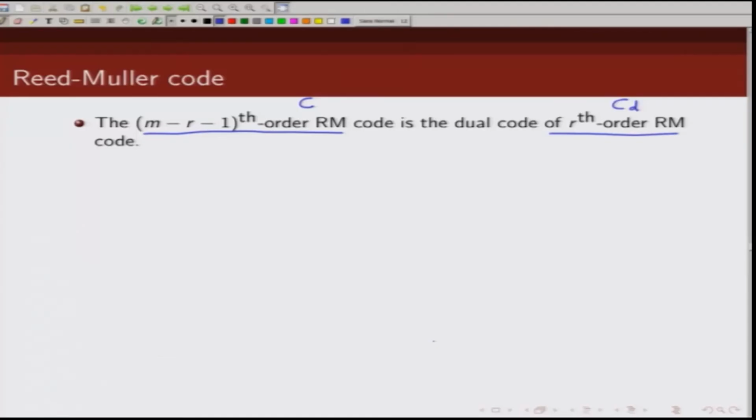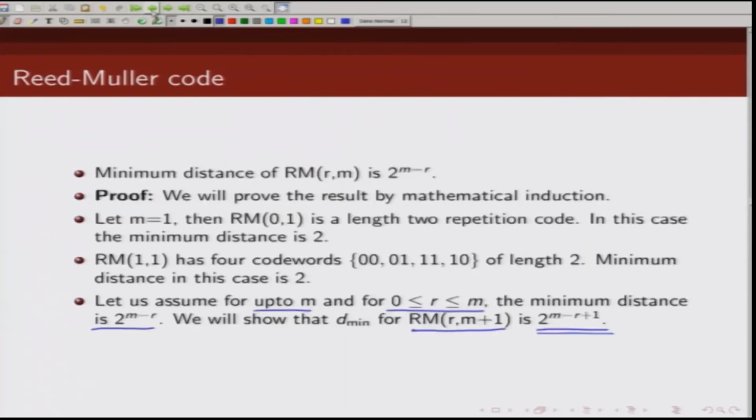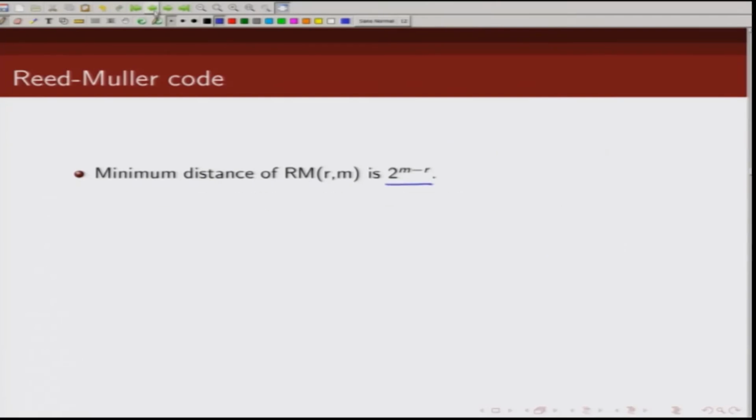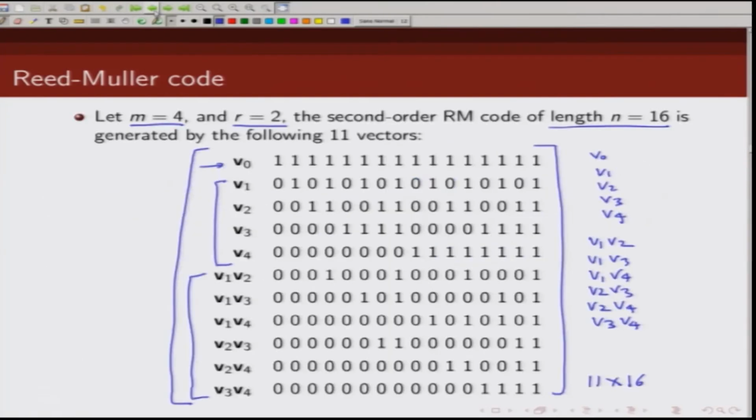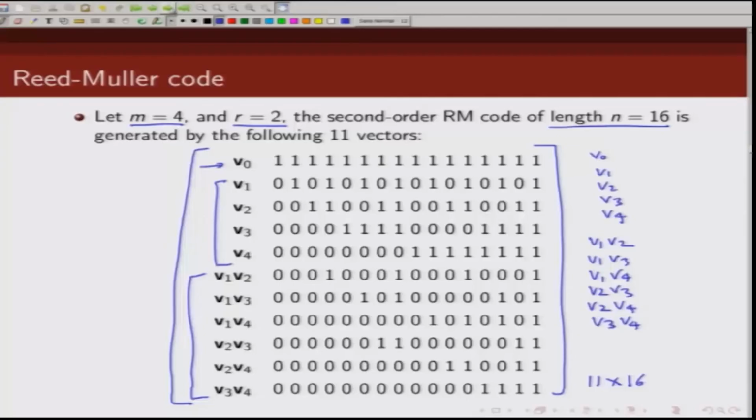Another point which I should mention here is, let us go back to our construction of Reed-Muller code here. Please note the way these Boolean products are constructed. In fact, we just proved also the minimum distance of the code is 2 raised to power m minus r. So, the minimum distance of Reed-Muller code is even. So, Reed-Muller code would not have odd weight code words.